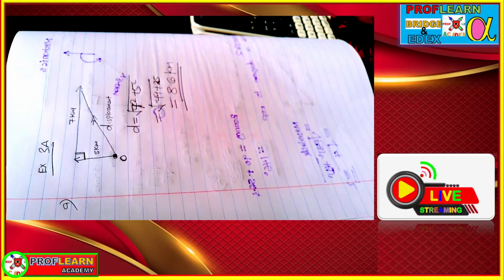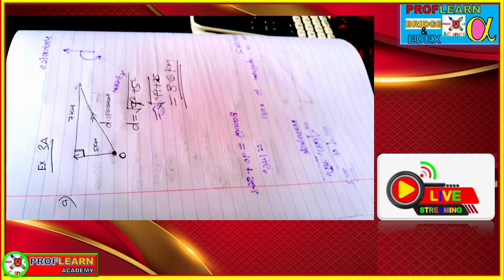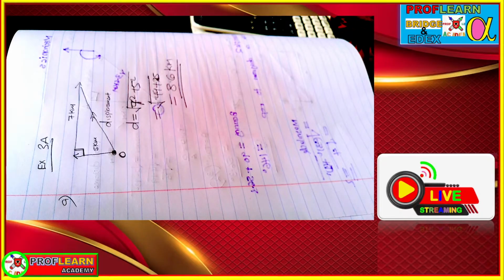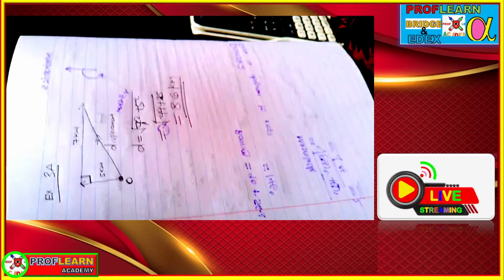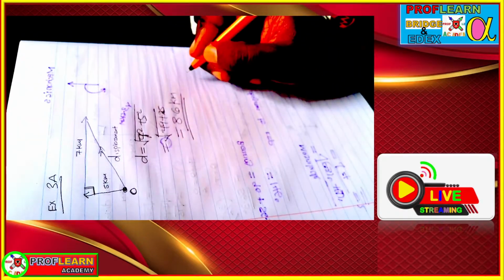The question says a girl cycles 4 kilometers due west.